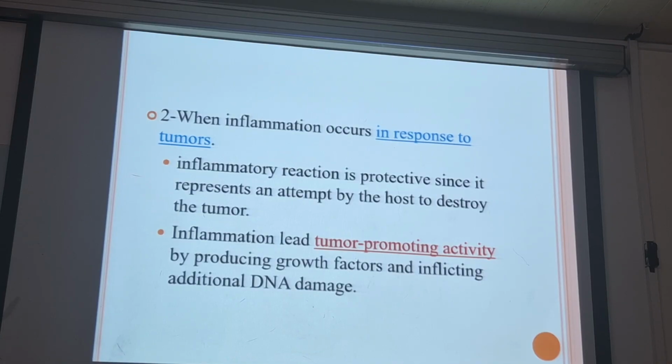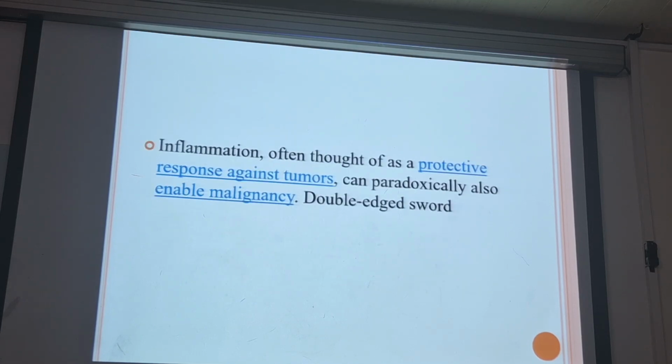And inflammation leads to tumor-promoting activity by producing growth factors and inflicting additional DNA damage. So on one hand, they can help the proliferation of tumoral cells, and on the other hand, they can destroy the tumoral cells. The inflammatory cells have different activities.